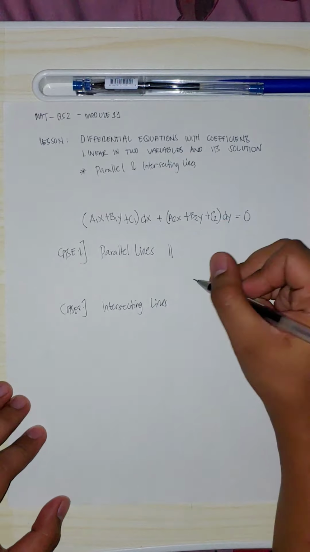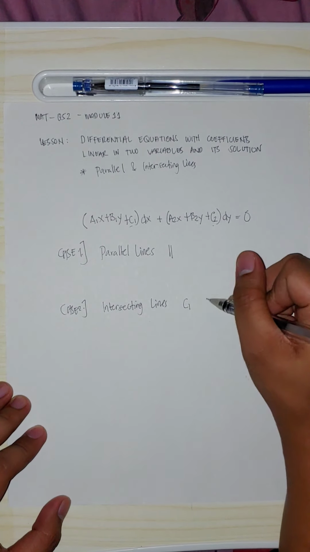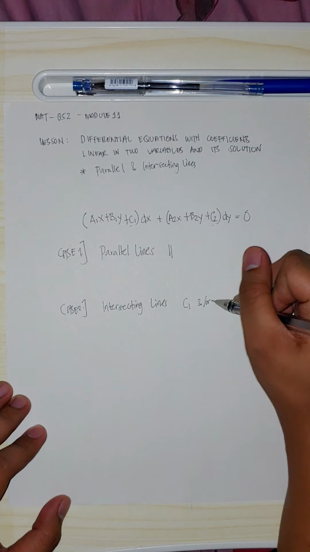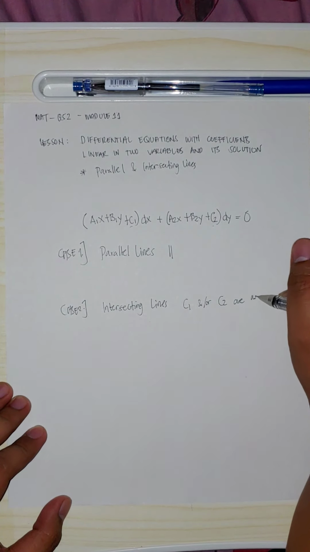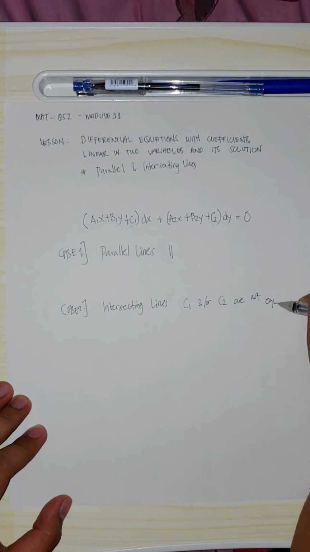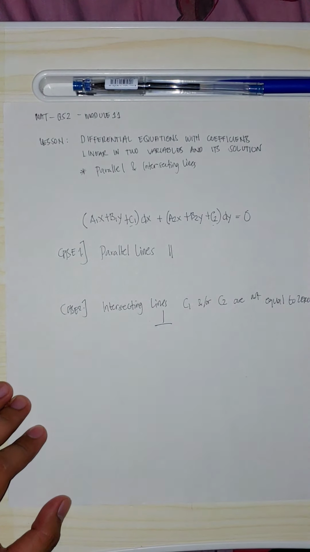Intersecting lines, as long as the constants C1 and C2 are not equal to 0. So, how do we know if the equations are parallel lines or intersecting lines?